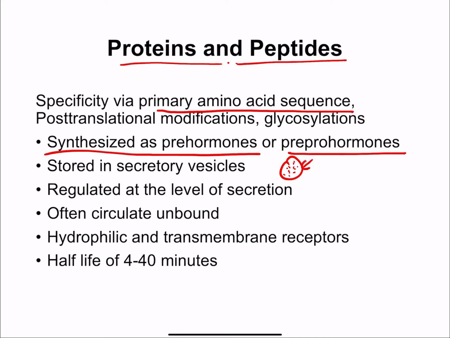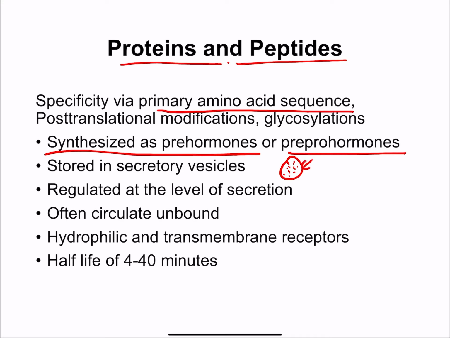Sometimes we have what we call binding proteins. They function to extend the half-life of hormones, and also help in storing hormones for the future. But proteins and peptide hormones do circulate mostly unbound.